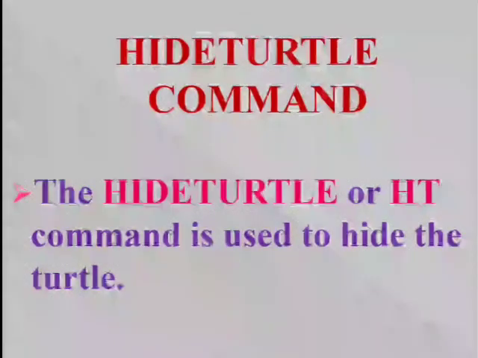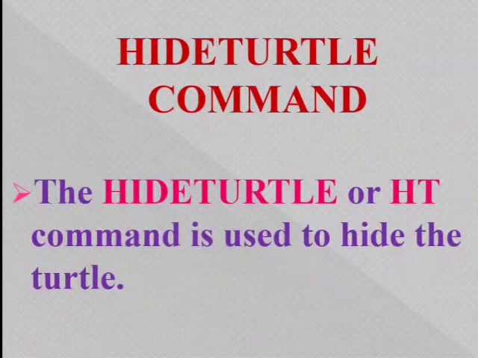Hide turtle command. The hide turtle command is used to hide the turtle. You can use this command after completing the drawing so that only the drawing is visible on the screen. The short form for hide turtle command is HT.